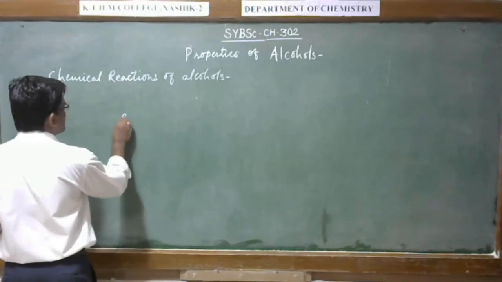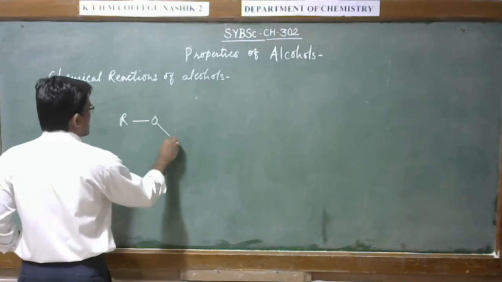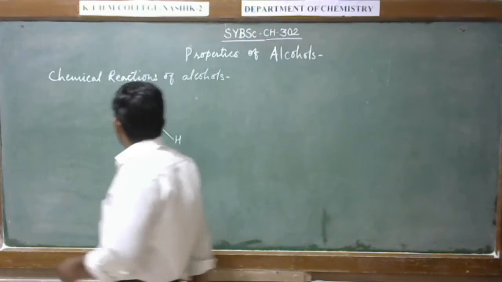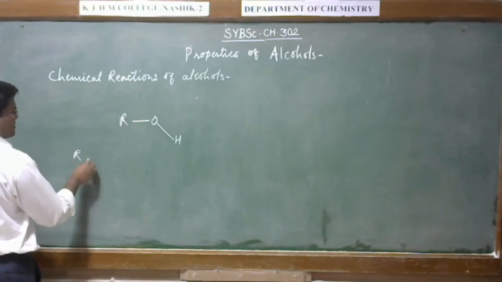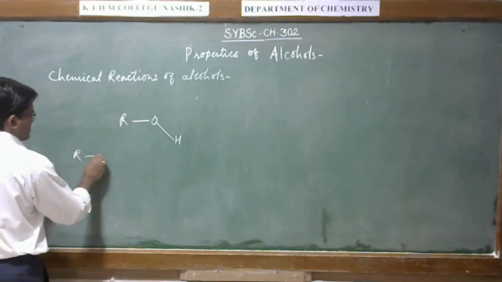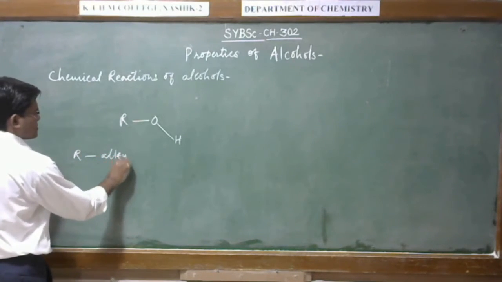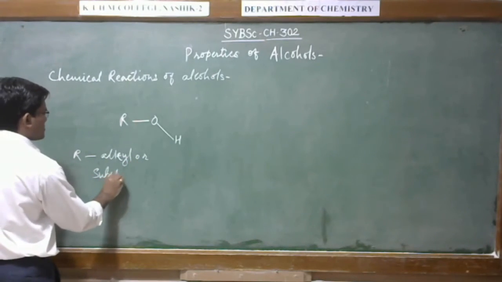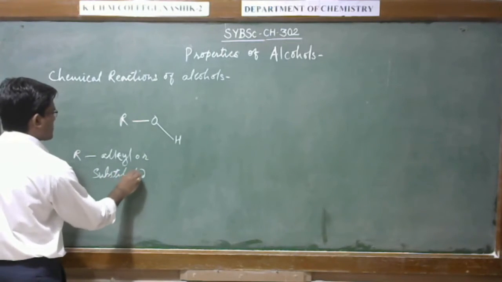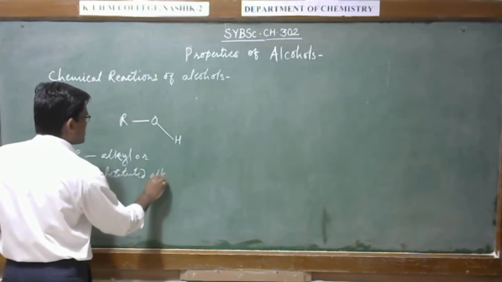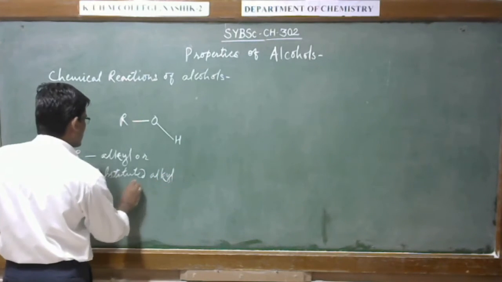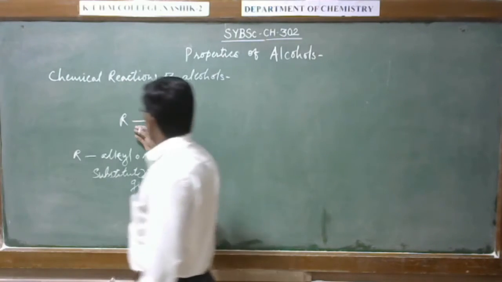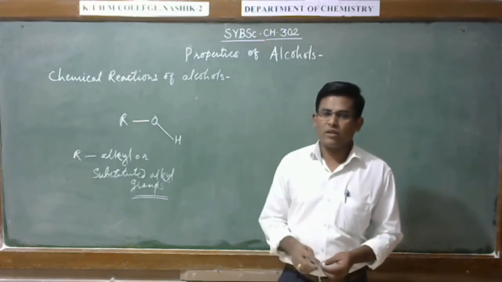For example, as we have discussed earlier, there is an alkyl or substituted alkyl group, and the C-O bond and O-H bond.